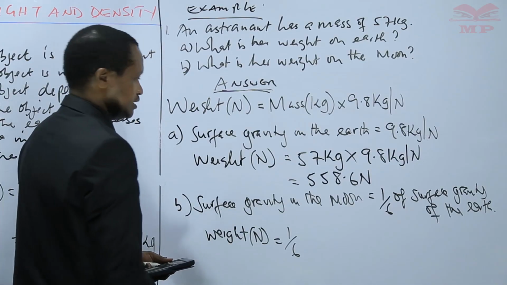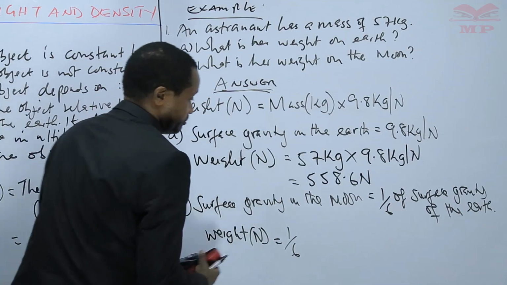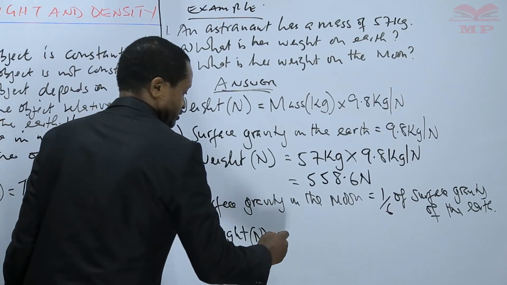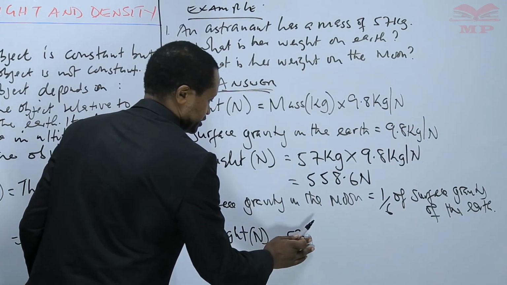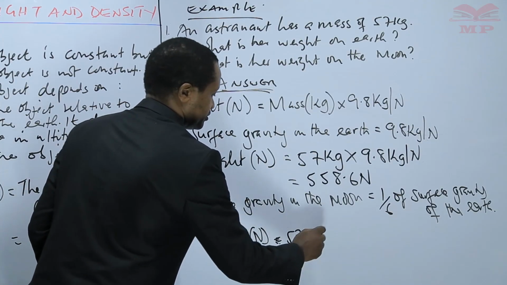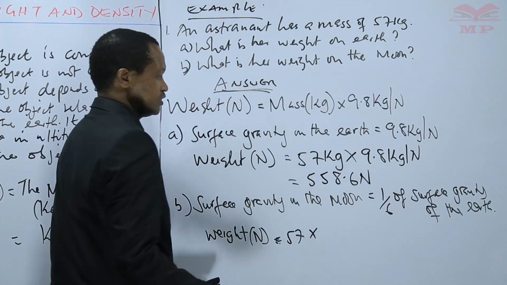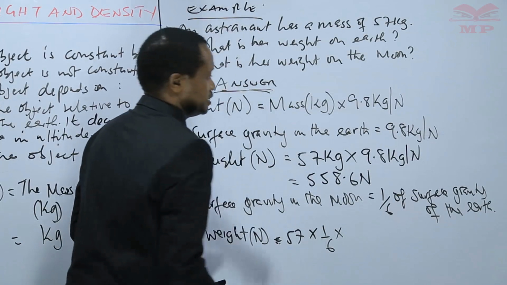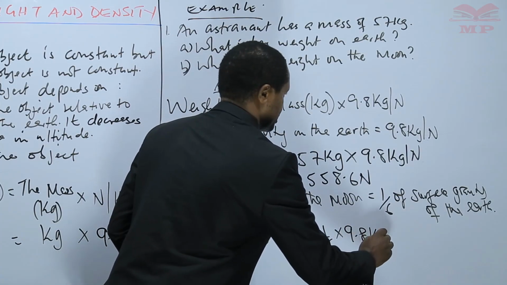Let me first have the mass. The mass is 57 times the surface gravity on the moon, which is 1/6 times 9.8.